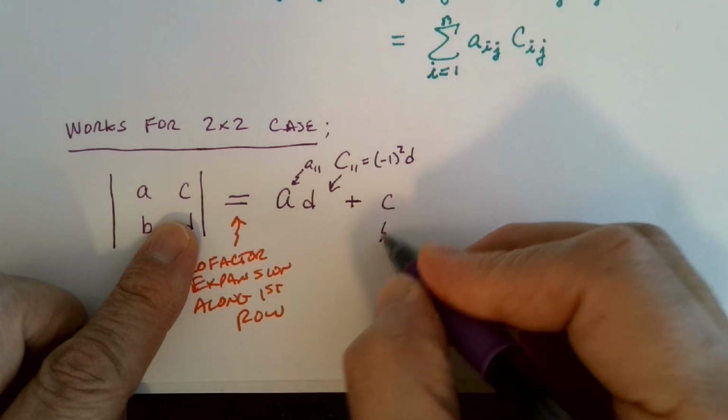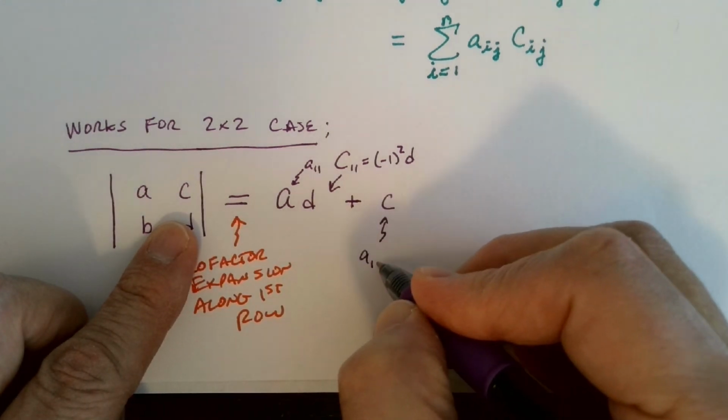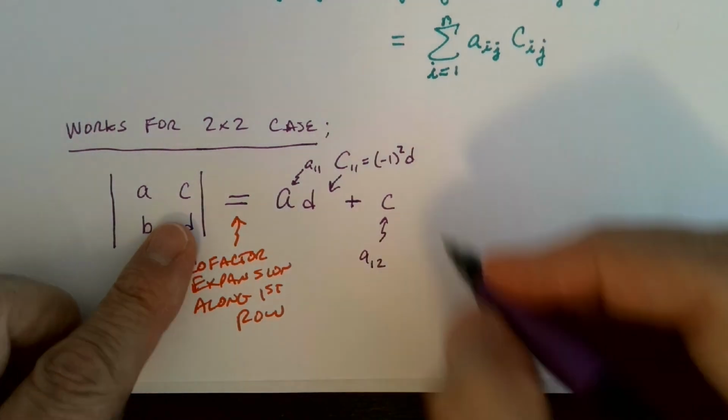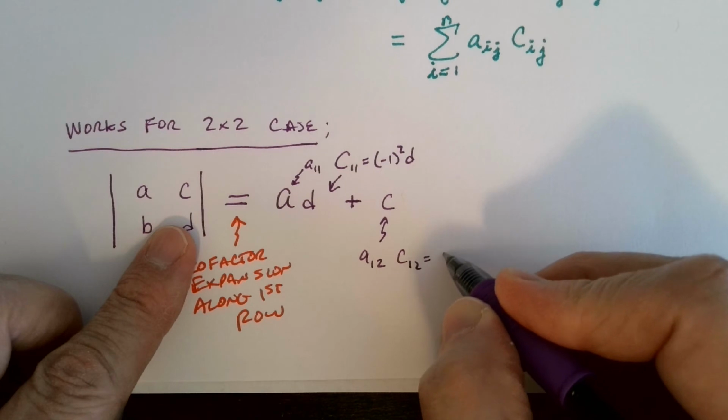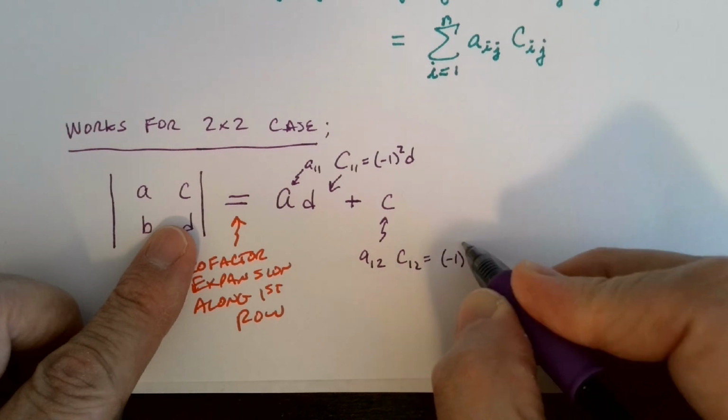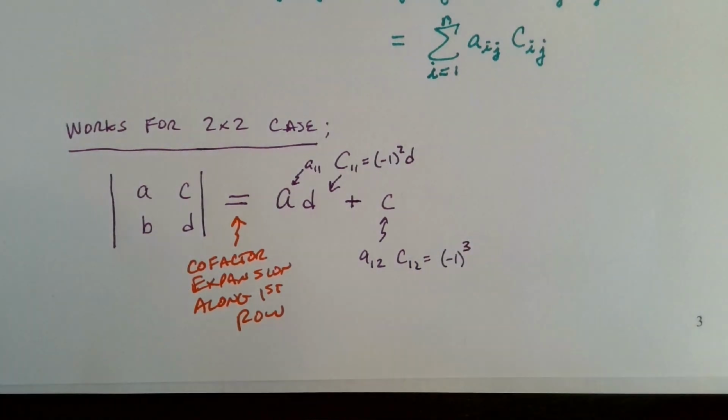And then I add the second entry in the first row, which is C. So that's the A12 entry, right? Times its cofactor C12, which is going to be what? Negative 1 to the 1 plus 2, cubed, times its minor. And its minor is what?